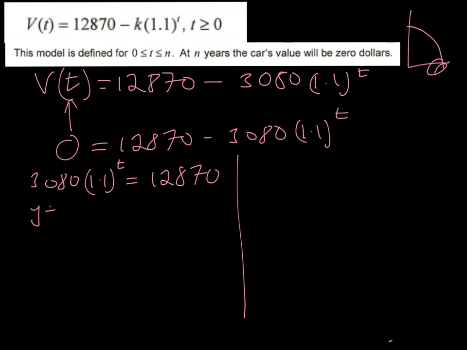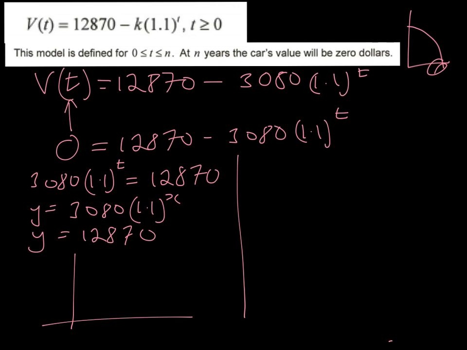My first graph is just going to be y equals 3080 times 1.1. On your calculator, you're going to need to put to the power x. The second one is just going to be y equals 12,870. They're both positive. You're going to have an exponential function increasing like this, and then, because this is a linear function, we just have this value here.